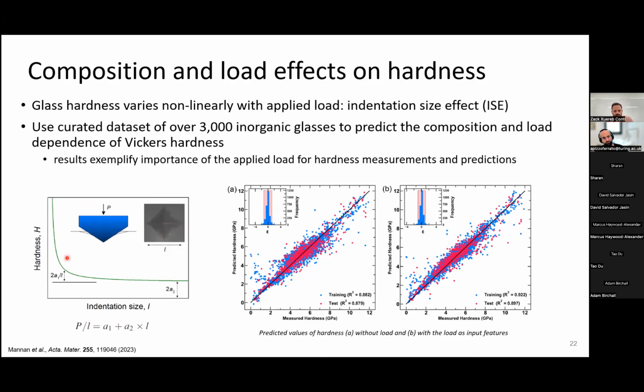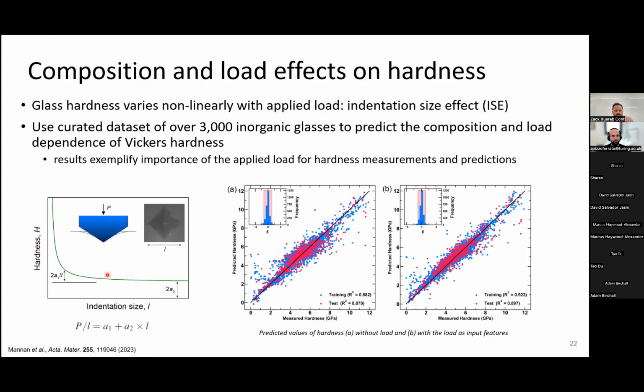But what makes this more complicated is that, of course, we take the load into account when we do the calculation. But even then, on the geometry of this, you'll find that as we increase this load, so as the indent becomes bigger, the hardness decreases, and there are different proposed origins for why and how that happens. That's called the indentation size effect.